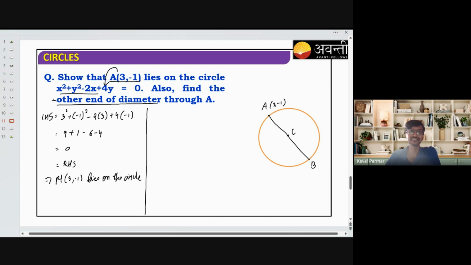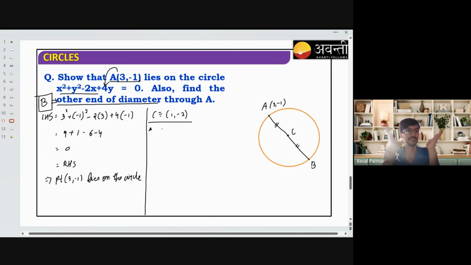We have to find the other end of diameter. That means they are asking us to find the point B. So for point B, we know that C is the midpoint. So first we have to find coordinates of C. How do we find coordinates of C? Divide by 2 and change the sign. So (1, -2) will be the coordinates of C. Now, what important statement we need to know?